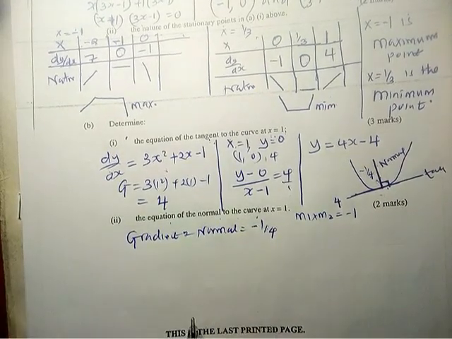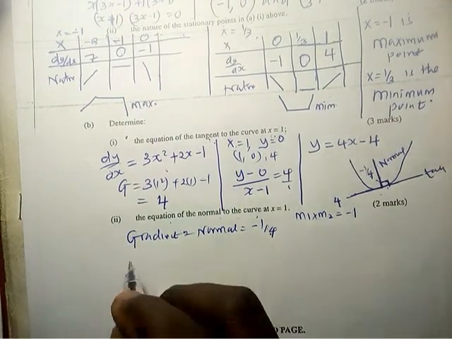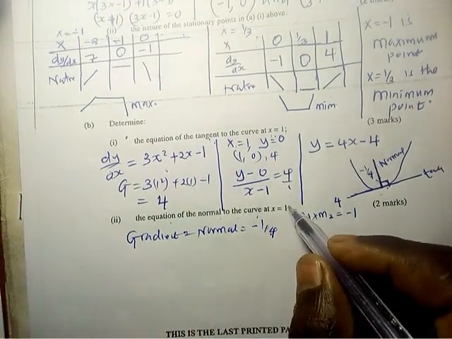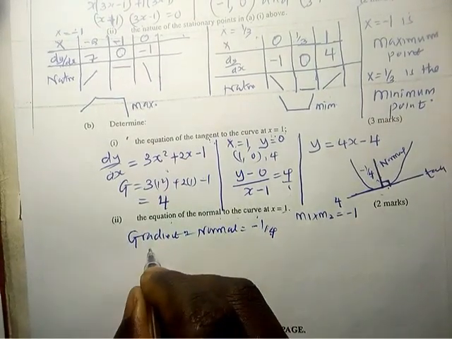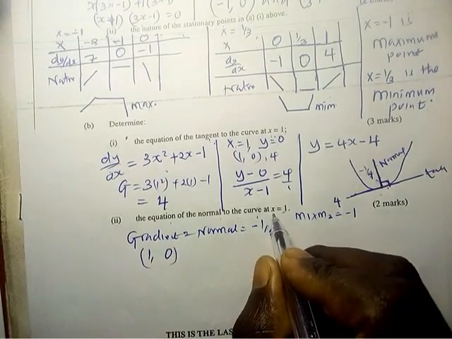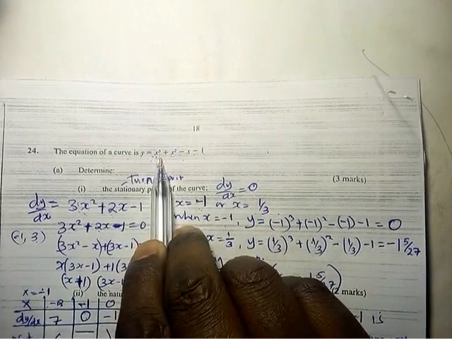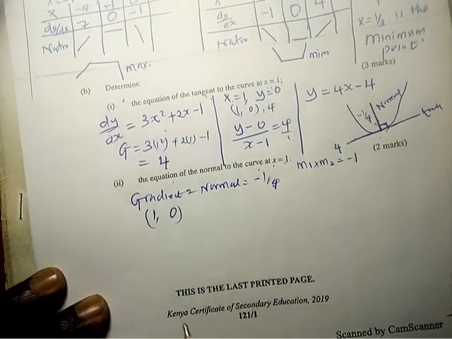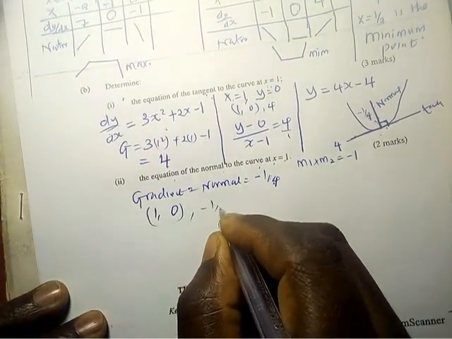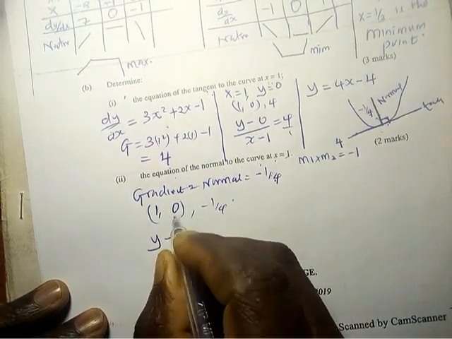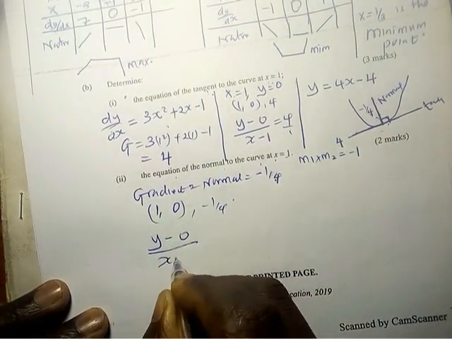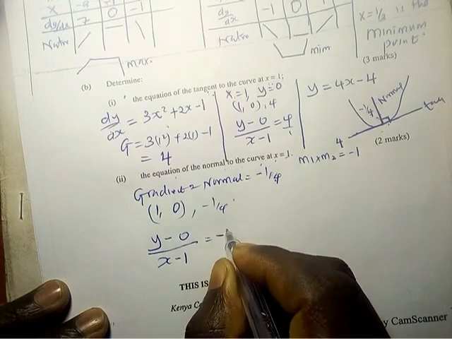I have said that. Therefore, we have the gradient, we have the point, it is at the same point, (1, 0), because when you substitute x equal to 1 here for y, you get 0. And then our gradient is negative 1 over 4. Now y minus 0, over x minus 1, the answer should be negative 1 over 4.